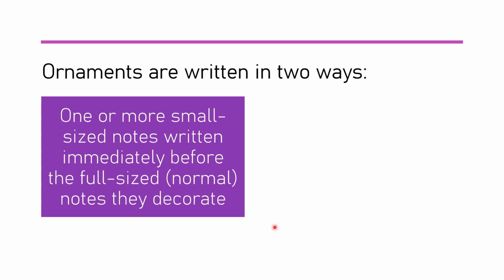You can put them before that full size note that you want to decorate, to indicate that as you are performing this music, when you get to this particular note, embellish it, decorate it, flourish it, or improvise based on the ornament that is indicated in that piece. So it could be small sized notes, not full size notes, written immediately before the full size notes that they intend to decorate.